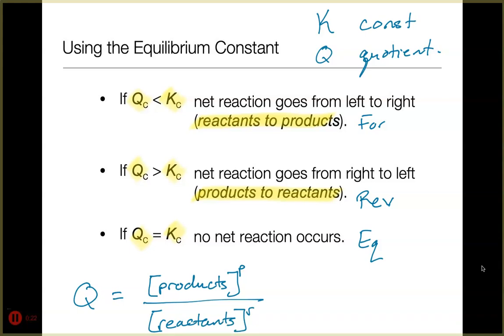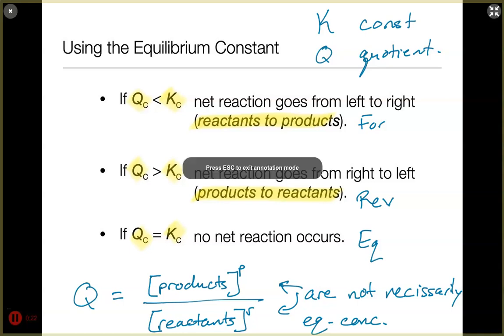Just like we've seen for K, for the equilibrium constant, the only difference is these concentrations are not necessarily equilibrium concentrations. So we're going to see what we can do with that, and why, when Qc is less than Kc, that explains that it goes forward, and when it's bigger than Kc, why does it go in reverse?